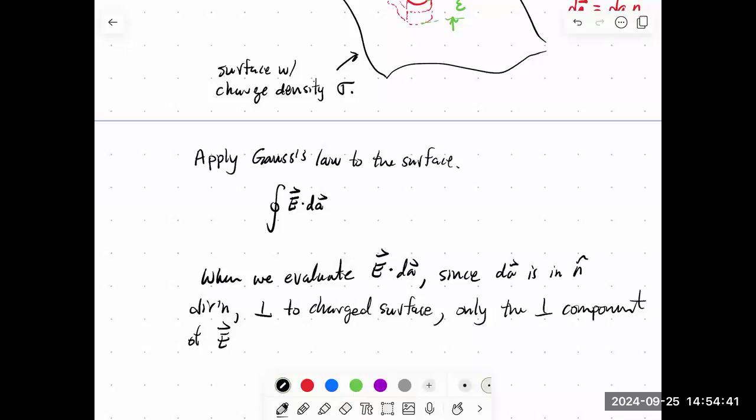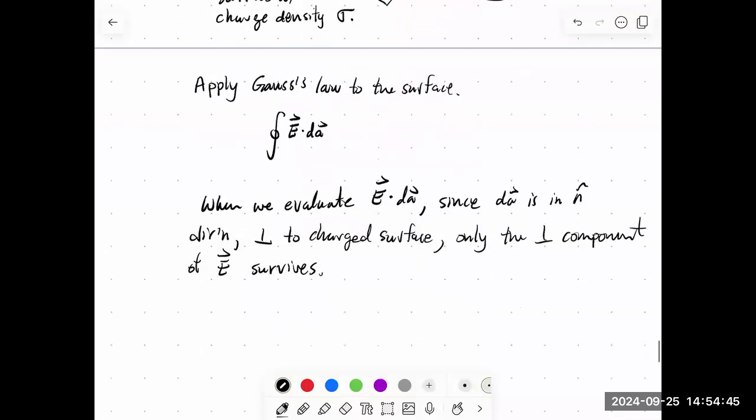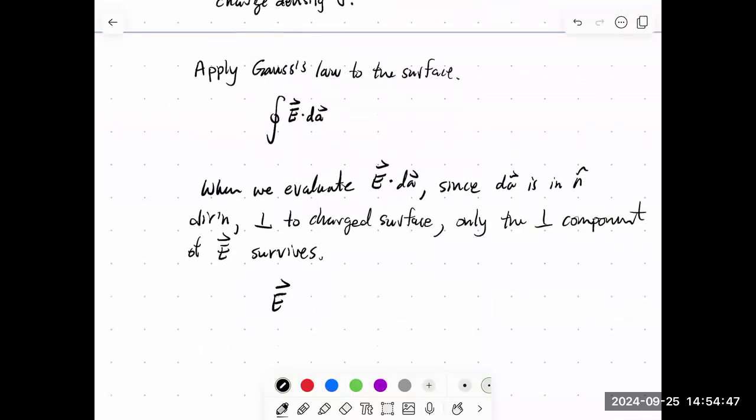Right, the dot product's just going to get rid of the parallel component. So that means E dot dA is the same thing as E perpendicular times dA.